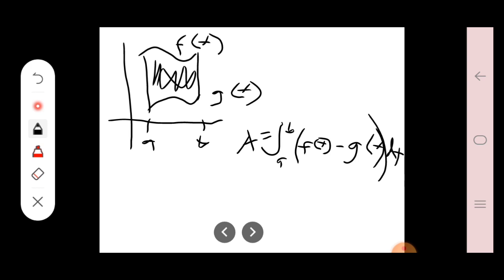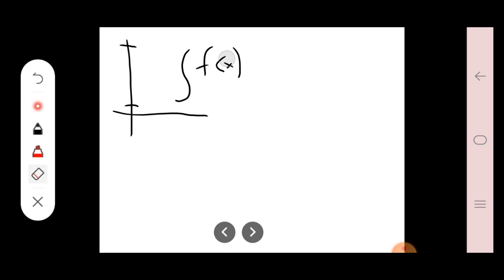Now let's say we have another function, f of y, which varies from C to D along the y-axis.